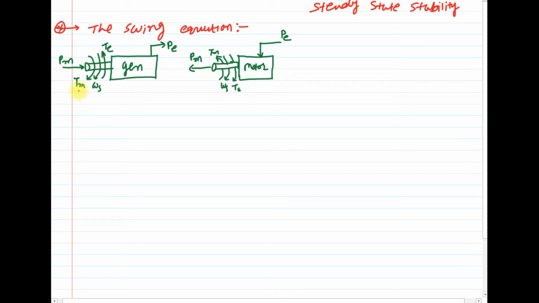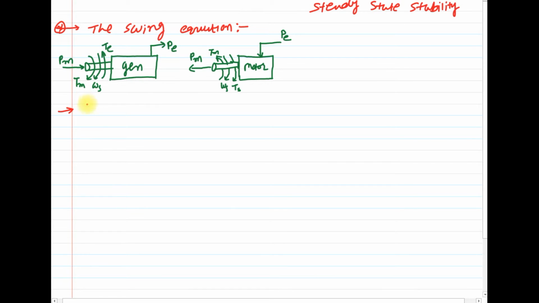So here in figure 1, consider one generator and motor model with their torque, speed and flow of mechanical and electrical torque. Here we have considered two models, generator and motor, with their torque, speed and flow of mechanical and electrical power.